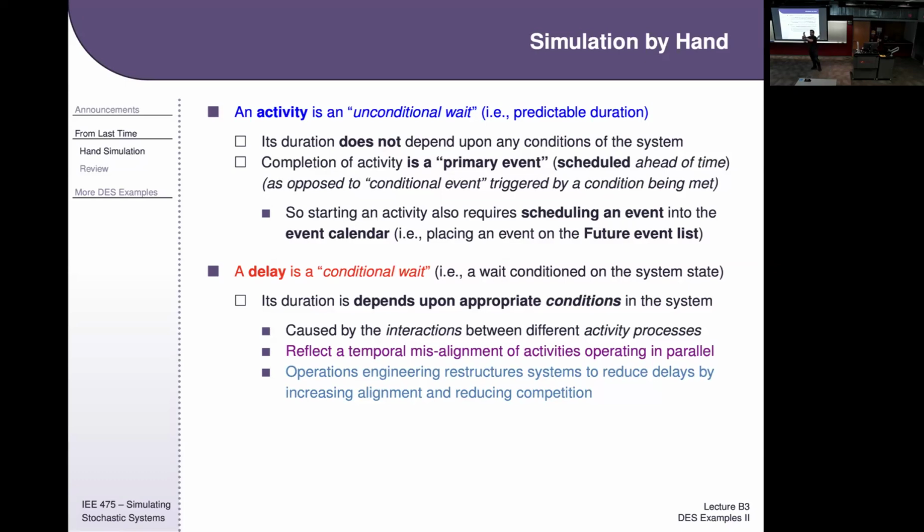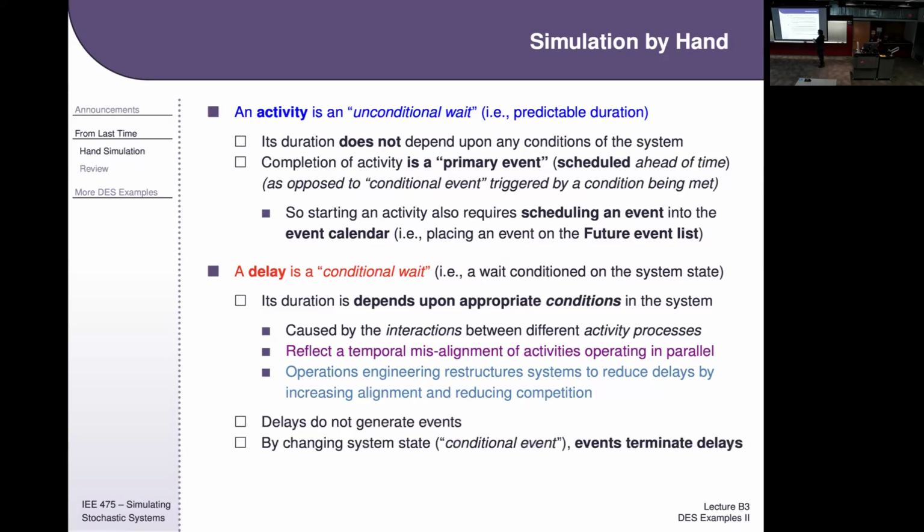But then there could be logic that occurs when, for example, the number of people in the queue goes down to 7. That's something where the change in the state of the system generates that event. So that would be the difference between a primary event and, I guess, a conditional event. I'm just saying why I brought up primary events. Delays don't generate events. Delays are generated by changing system state.